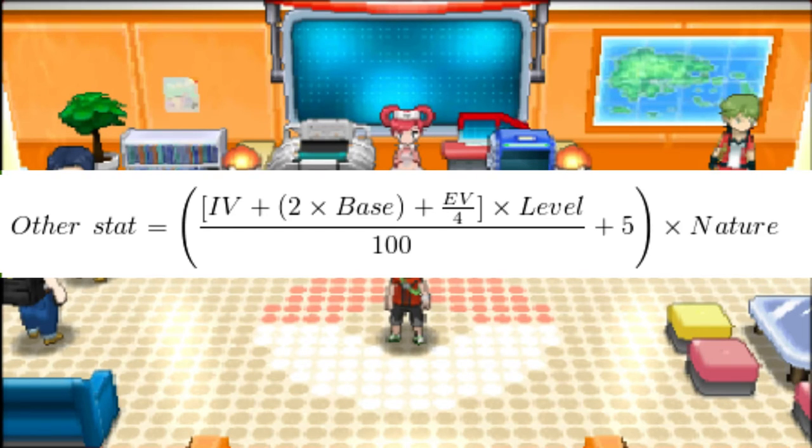The base stat is pretty much just every Pokemon, no matter what it is, has a certain stat that it's just going to start out with. For example, like Caterpie, he has a base stat of 45 HP. Or another example, I guess, would be 30 attack.